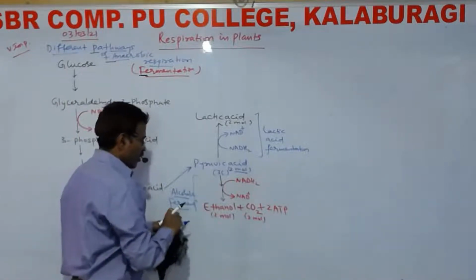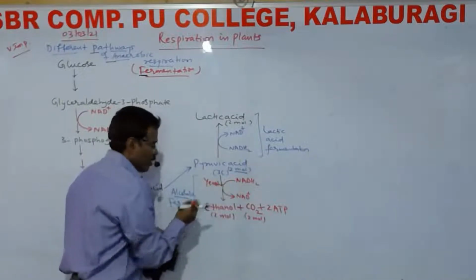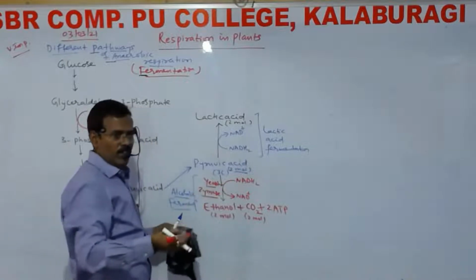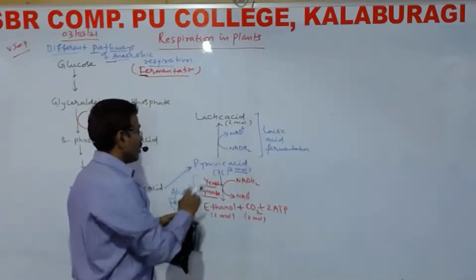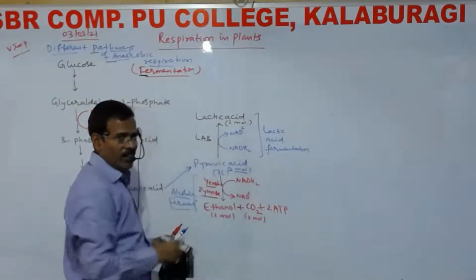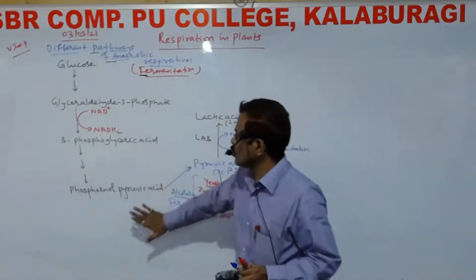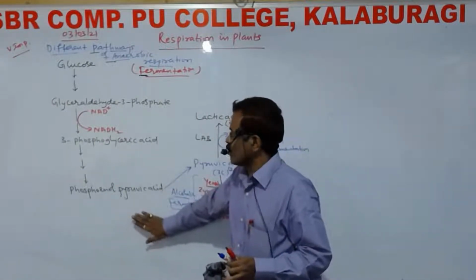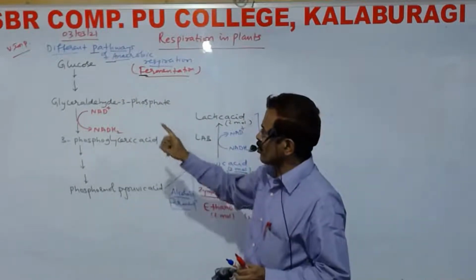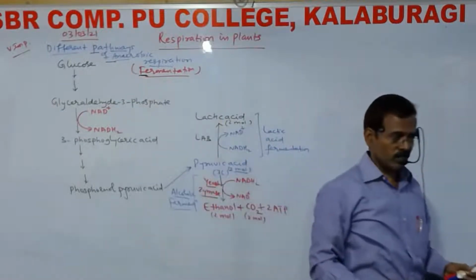Here you have yeast, containing the zymase enzyme complex, which takes part in alcohol fermentation. And here we have LAB, lactic acid bacteria, taking part in lactic acid fermentation. So try to remember this pathway. Very, very important from the exam point of view. Only this schematic representation showing different pathways of fermentation or anaerobic respiration.